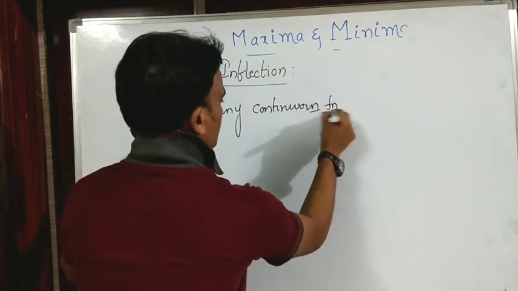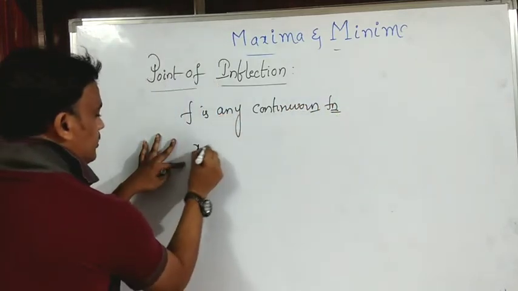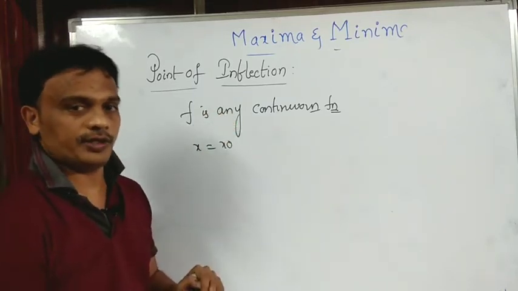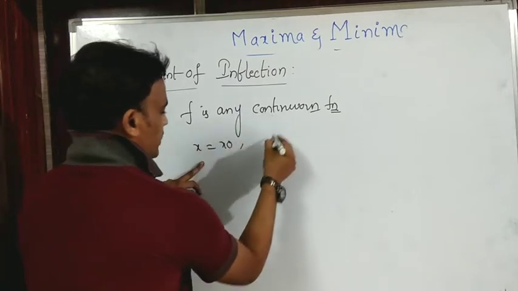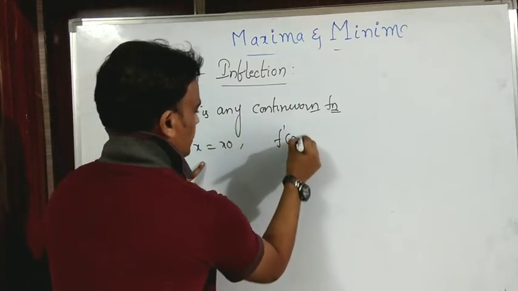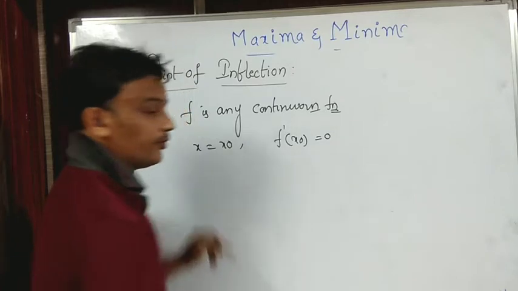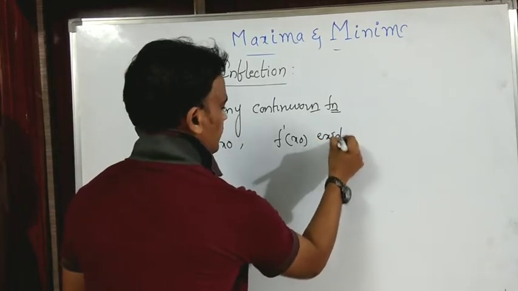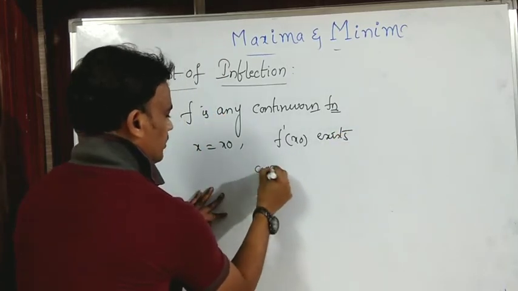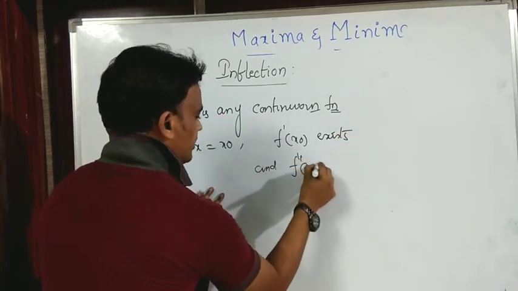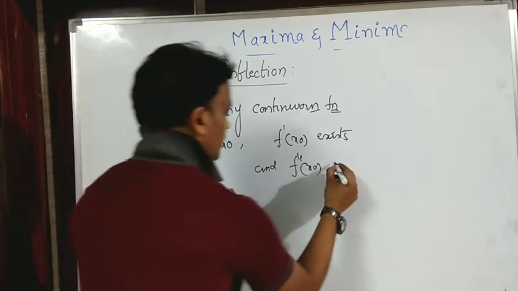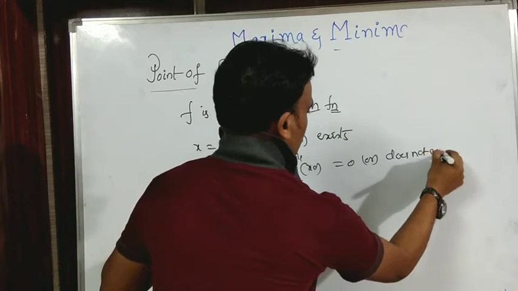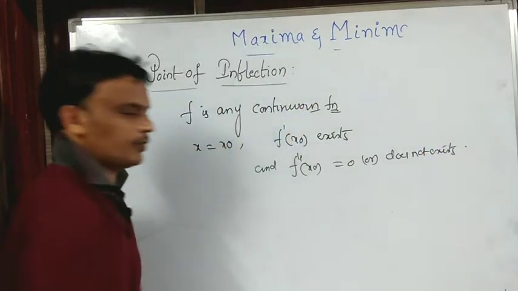The point x equals x naught is said to be a point of inflection if it satisfies these conditions: f dash of x naught exists, and f double dash of x naught equals 0 or f double dash of x naught does not exist.